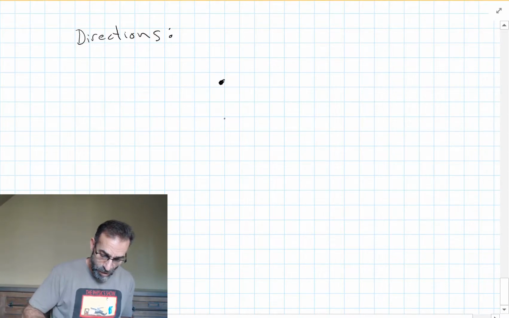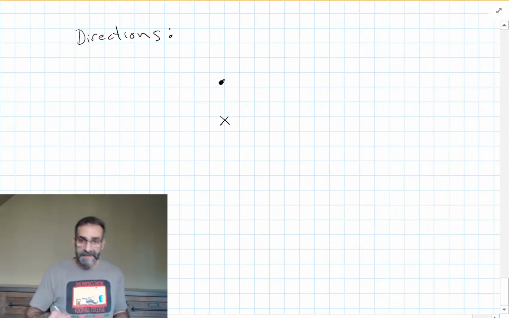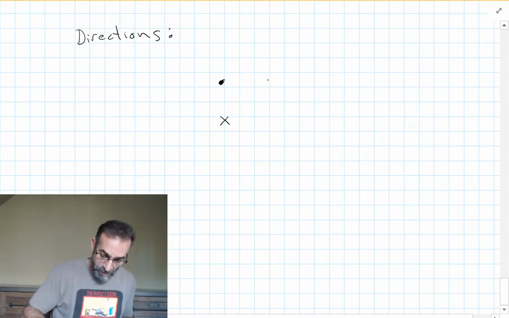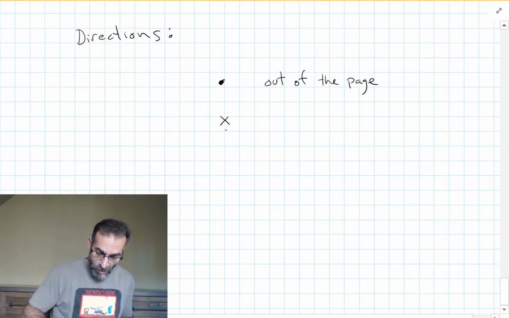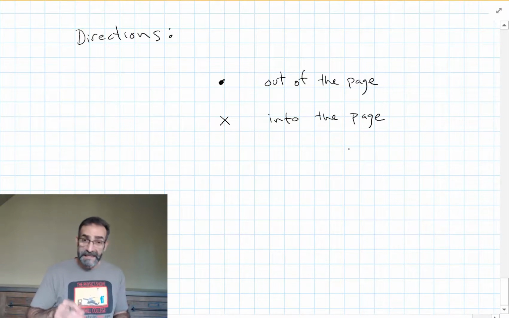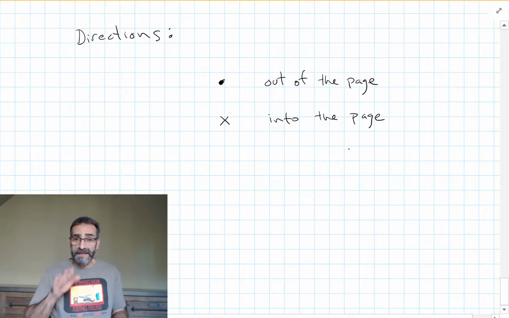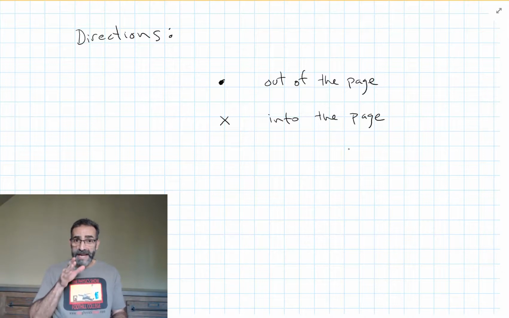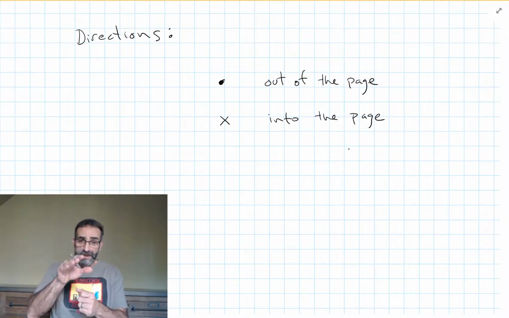or a cross. And the dot means it's coming out of the page, and the cross means it's going into the page. And the way to remember that is that it's like an arrow coming at you or going away from you. If somebody shoots an arrow from a bow toward you, what do you see?